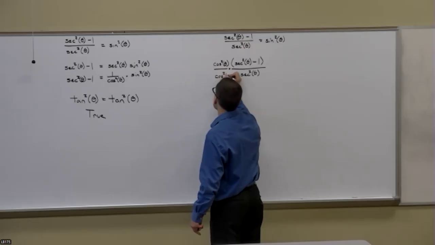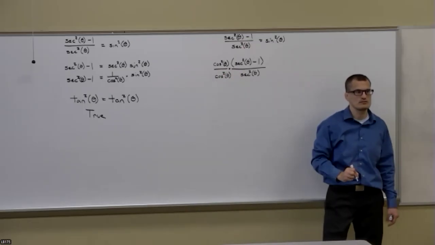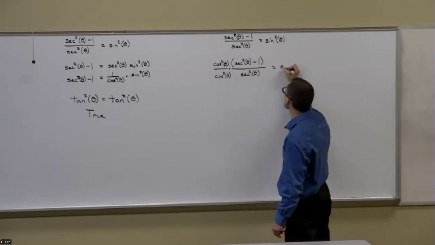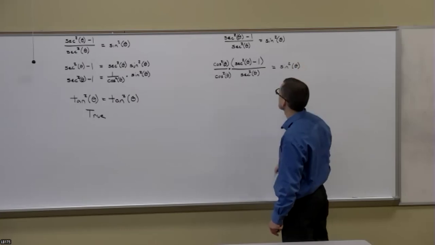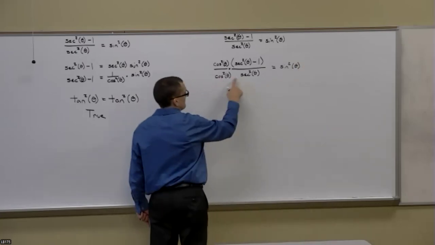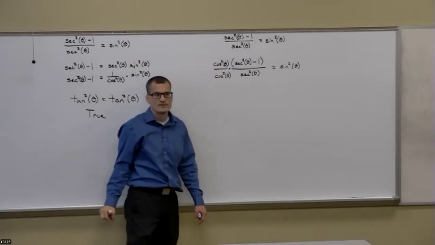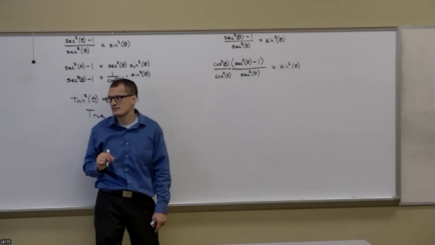So that's just multiplying algebraically by 1, right? Cosine squared over cosine squared. Now, here's the nice thing. If I multiply cosine squared by secant squared, that's going to cancel out and give me a 1.